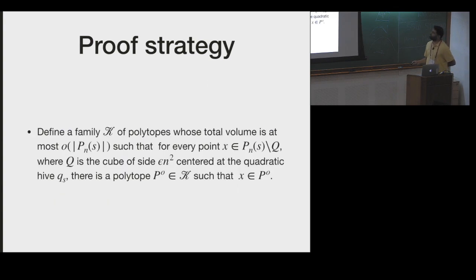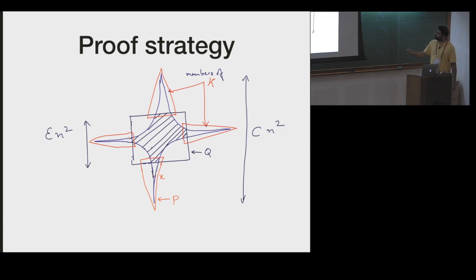So our strategy is going to be to define a family of polytopes whose total volume is little o of the volume of these periodic hives, such that for every point in the complement of that tiny cube of side length epsilon n squared, there is a polytope that contains this point. So this is the strategy. You have this polytope, you have this cube.